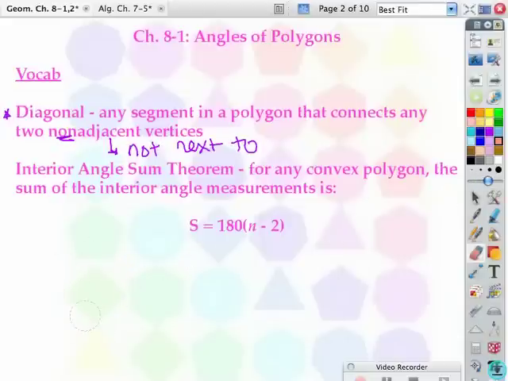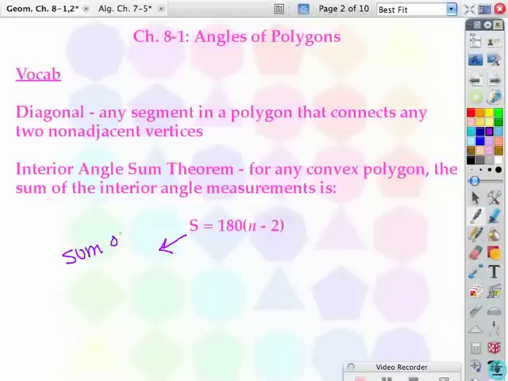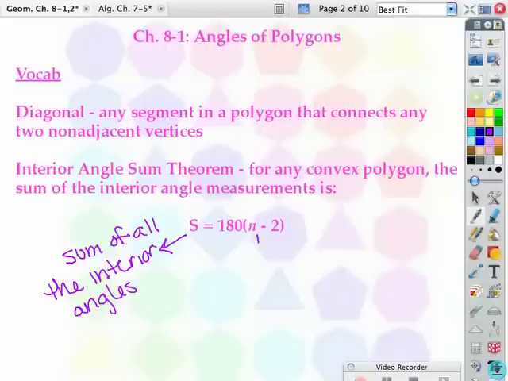Okay, so now that you know what that means, it's going to come in handy later, I promise. We're going to talk about the interior angle sum theorem. For any convex polygon, the sum of the interior angle measurements is, and here is the formula, this is really important and you need it: S equals 180 times the quantity n minus 2, where S represents the sum of all the interior angles and n means the number of sides.